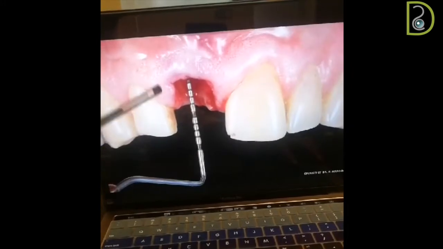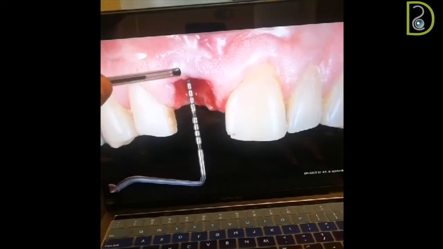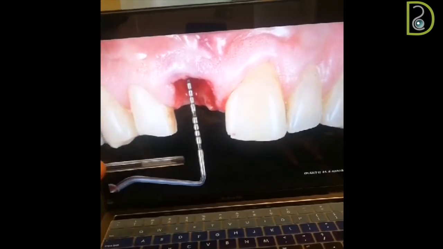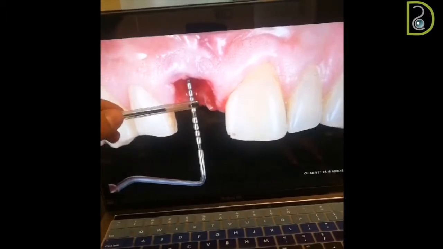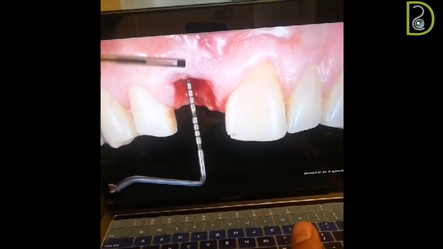Here, after the extraction, we measure the distance between the buccal plate and the gingival margin, because again we are going to place the immediate implant in a flapless approach, so we don't know exactly where the buccal plate is, and we want to submerge it 1 millimeter apical to it.